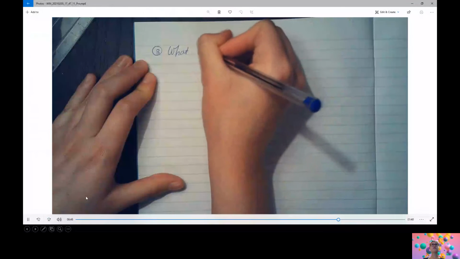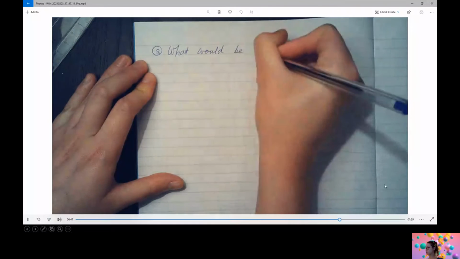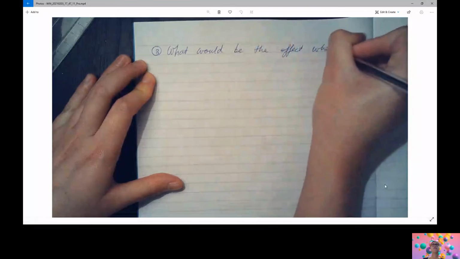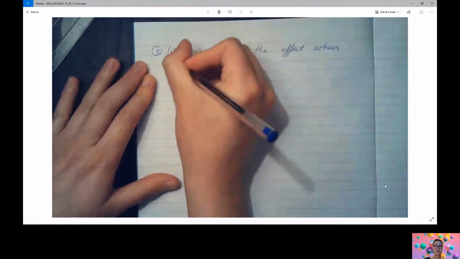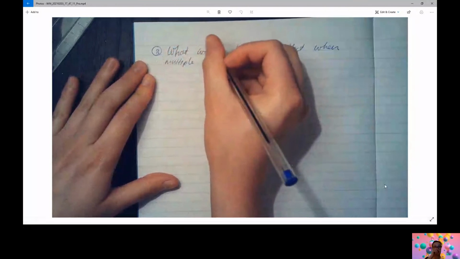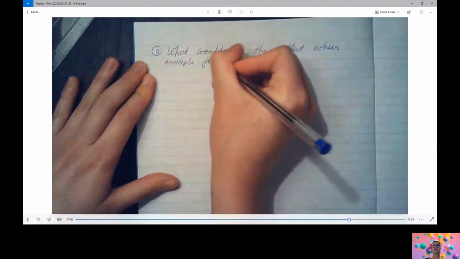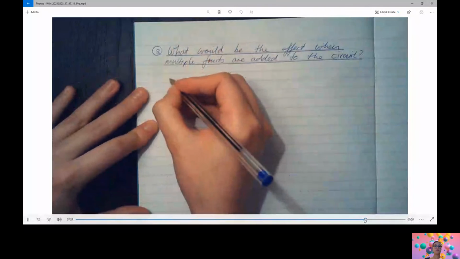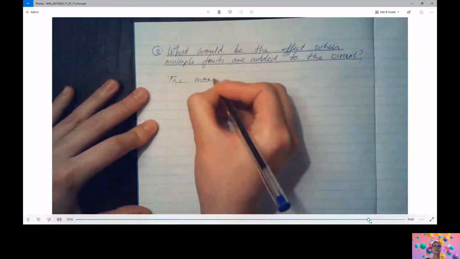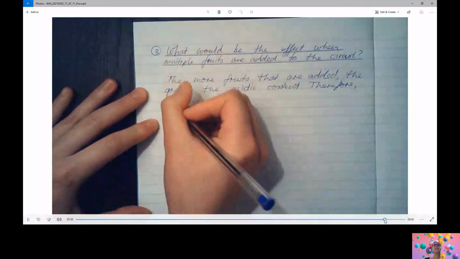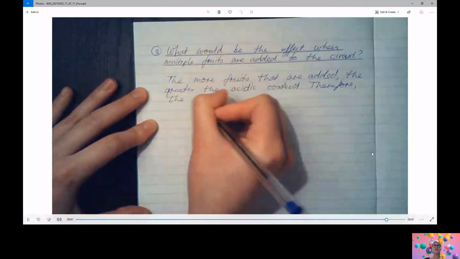Well, I have modeled it for you here. The question was, what would be the effect when multiple fruits are added to the circuit? What do we do with our titles? We always underline them. So, the more fruits that are added, the greater the acidic content.